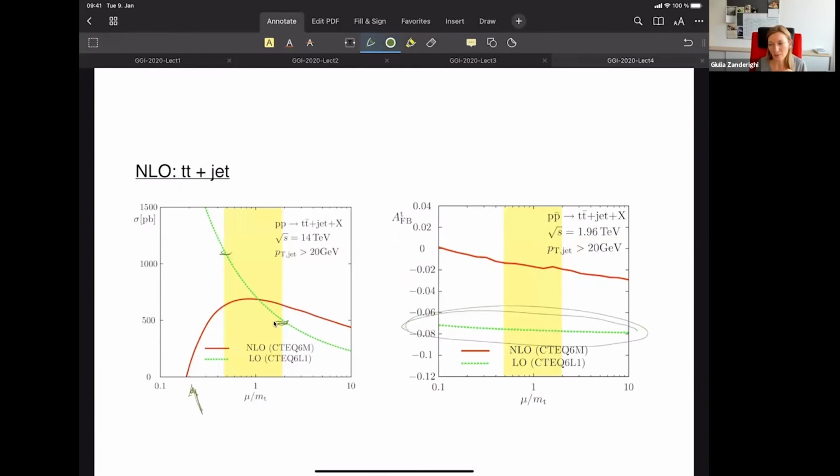The dependence comes from the factorization scale that you have. But this says nothing about the large jump that you can have. So this is something where one has to be really very careful. When you look at ratios, people like to look at ratios because you cancel a lot of uncertainties, but it's also much more difficult to estimate the correct uncertainty when you have a ratio.